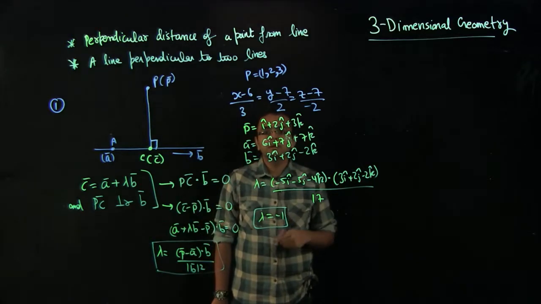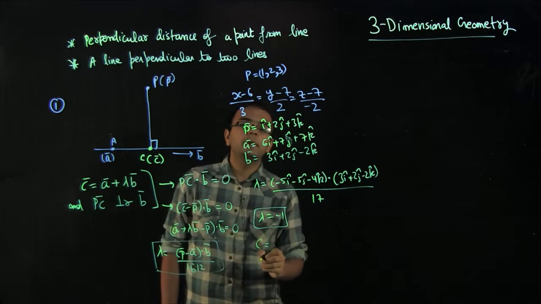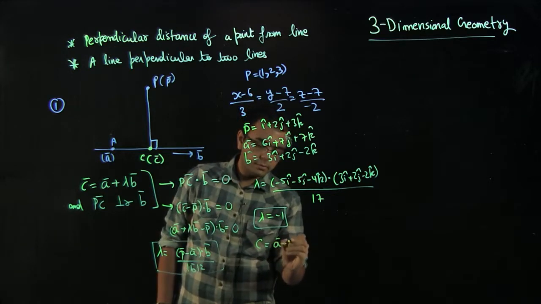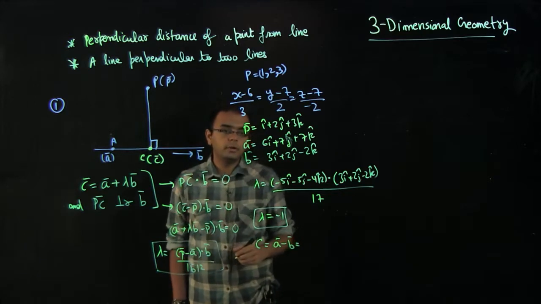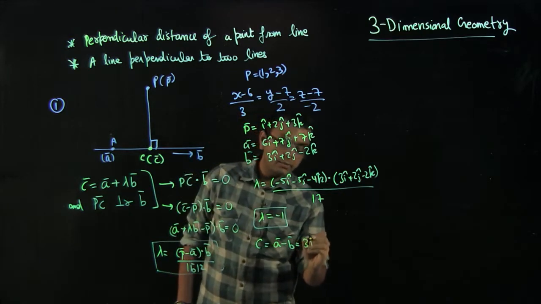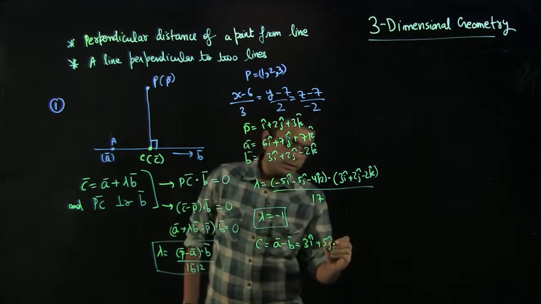So the point C is A vector minus B vector, and if you calculate that point, it comes out to be 3i cap plus 5j cap plus 9k cap.